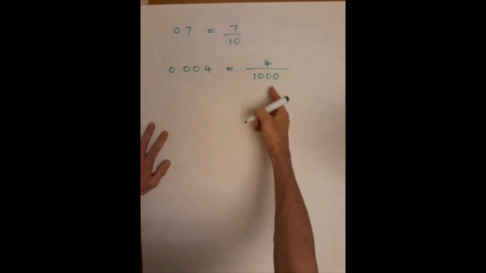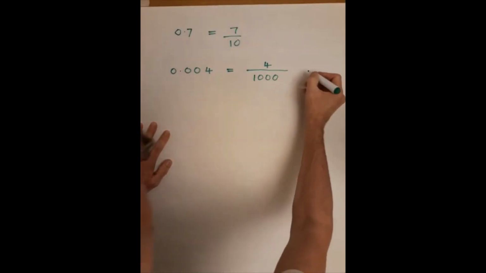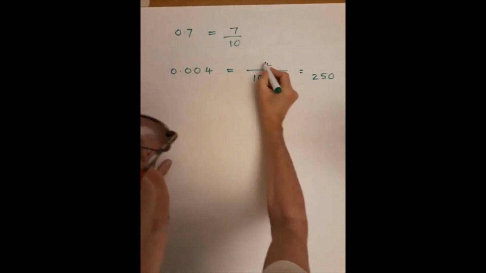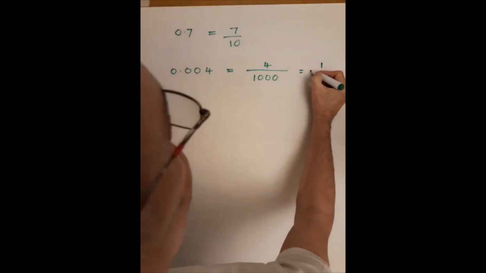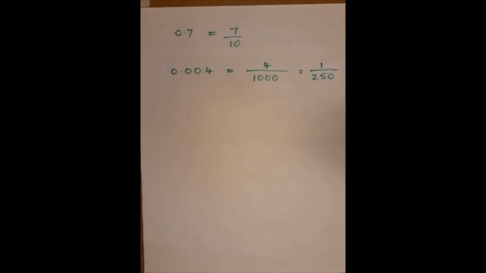If you divide this by 4, in other words, we're cancelling, 4 into 1000 will give us 250. 4 into 4 is 1. So we've reduced that down. And we could carry on in that vein. So at that point, I've given you enough food for thought, and I'd like you to try the questions on your handout. And if all else fails, don't forget you can use your calculator in your exam.